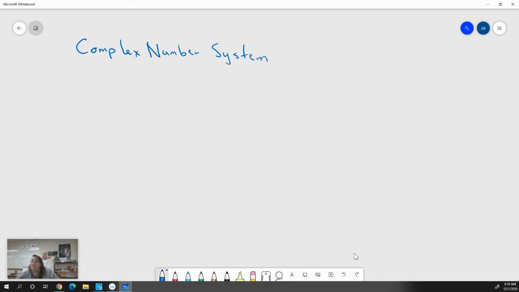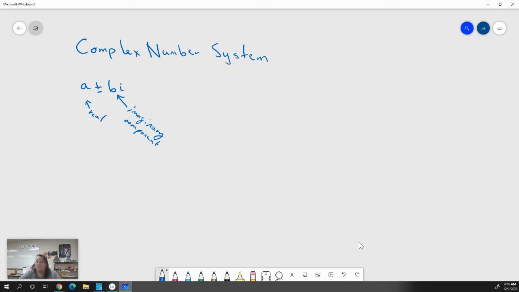And the main thing you need to remember is in complex numbers, we're talking about a plus or minus bi, where i is imaginary and a is real, right? So this would be a real number, and this would be an imaginary component, right?